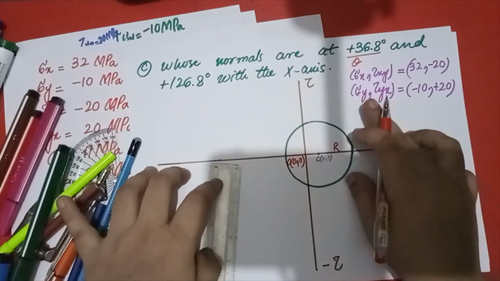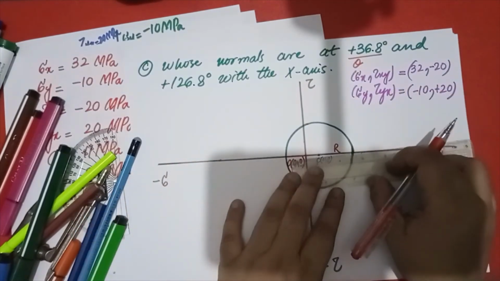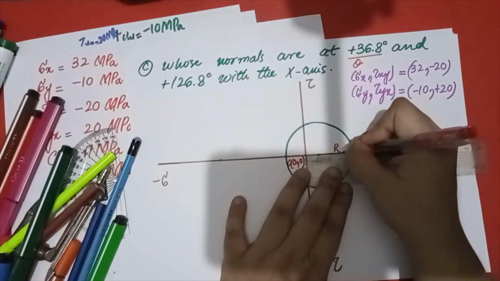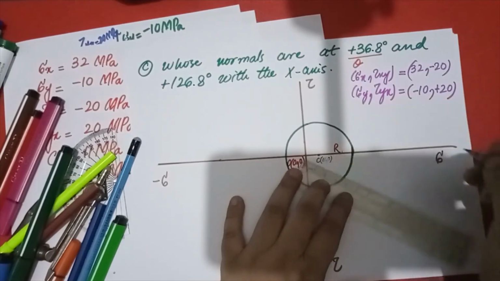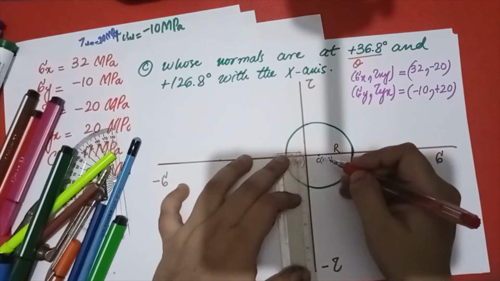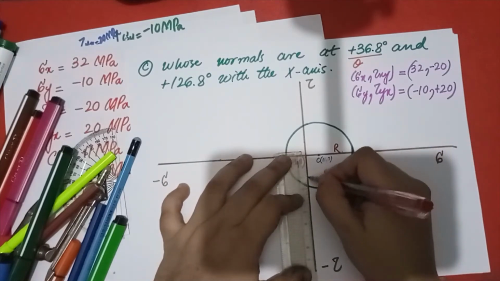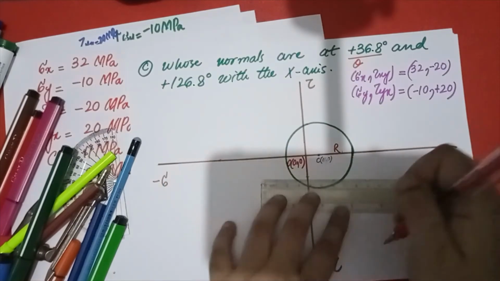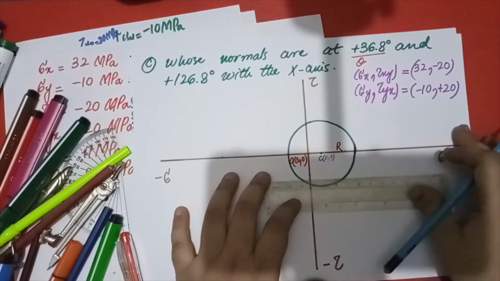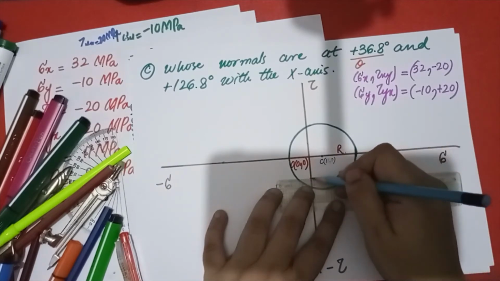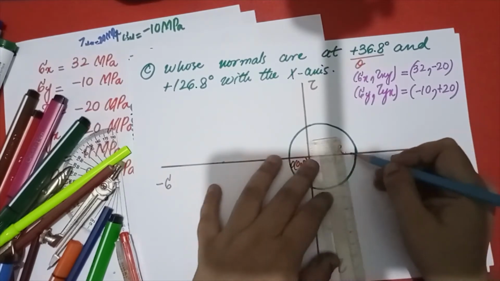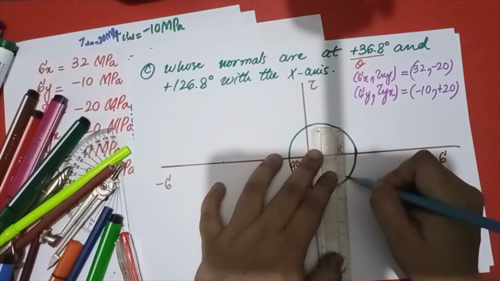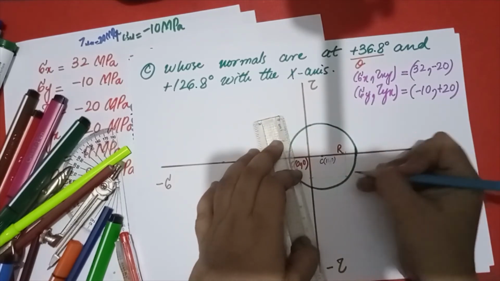Sigma x, as we did earlier, sigma is 32, so it will be 3.2, and this is minus 2. Let me drop the perpendicular. This is the point.